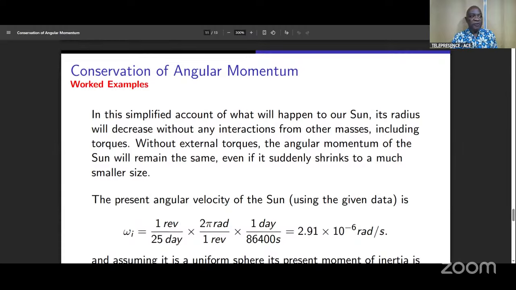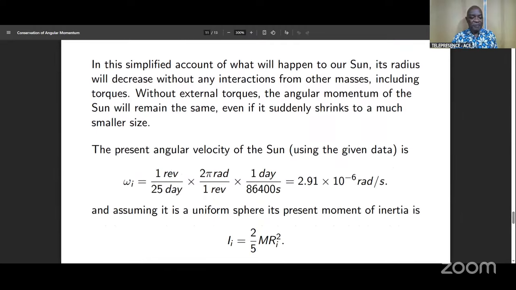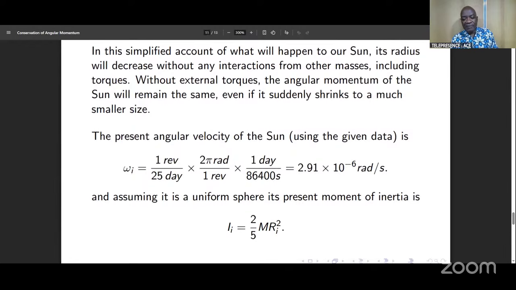Okay, so from data, let's compute the angular frequency, the angular velocity of the sun. Again, here you do a kind of conversion that we did the other time, okay?